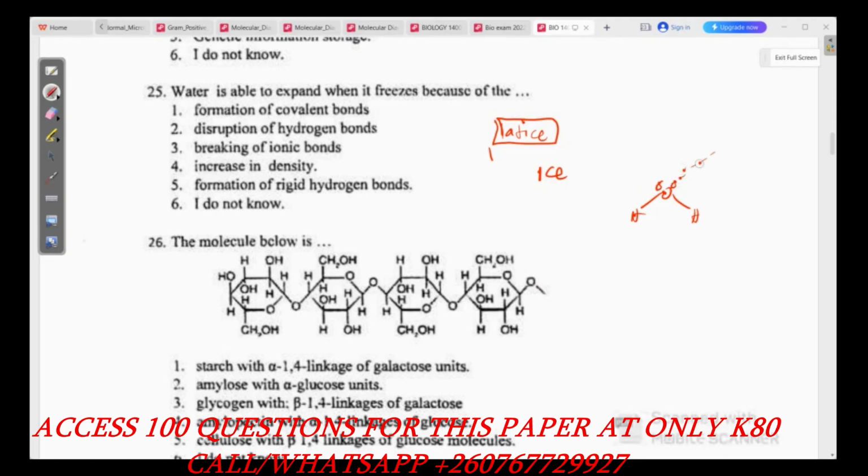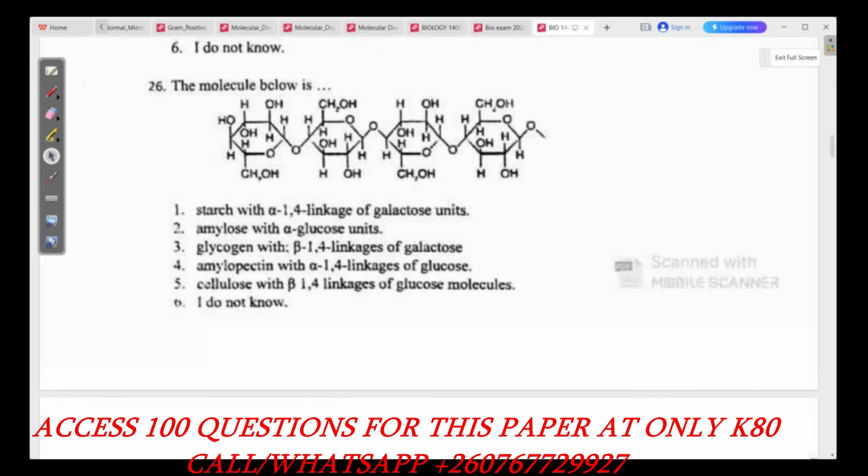So here, there, the other one here, and that one there. Then this particular water molecule is 4, then another water molecule the same. So there are going to be those rigid hydrogen bonds which are formed, thereby resulting in water expanding in size and creating those spaces. So the answer there is option 5.